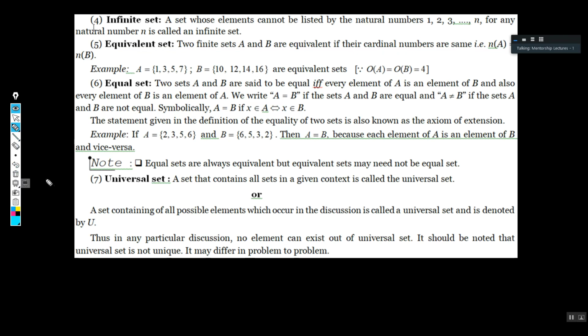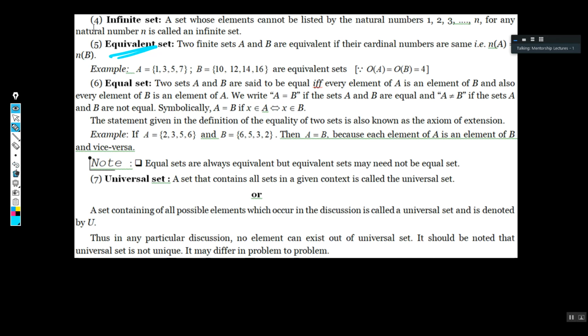There will be some summer capital, winter capital, but main administrative capital will be only one. So the number of countries on the globe is equal to number of their capitals. Obviously, they are said to be equivalent sets. Remember that.